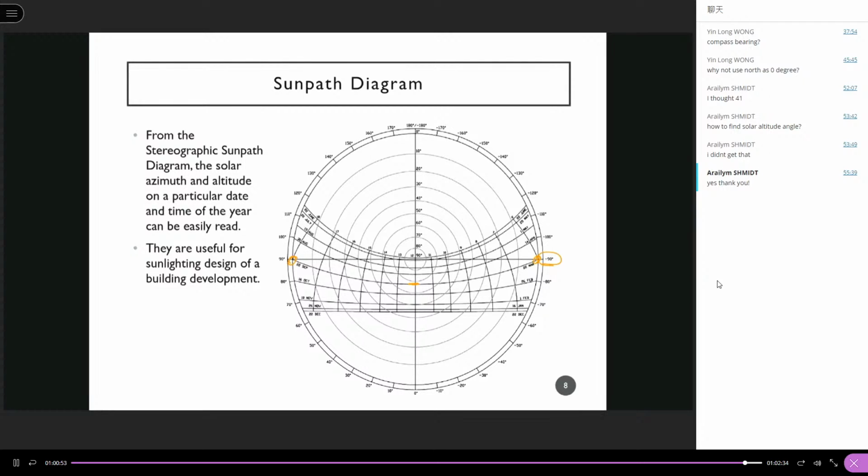Can you tell me what is the solar altitude angle on the equinox at solar noon time? That is the point I highlighted in orange.